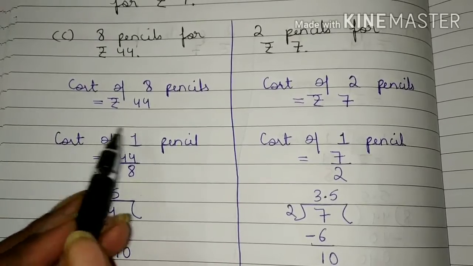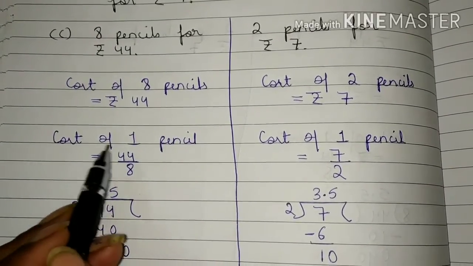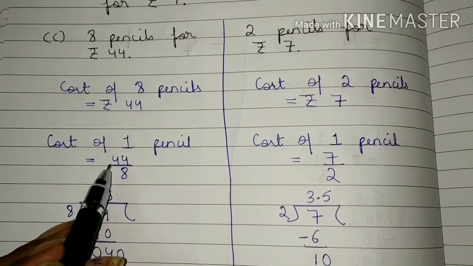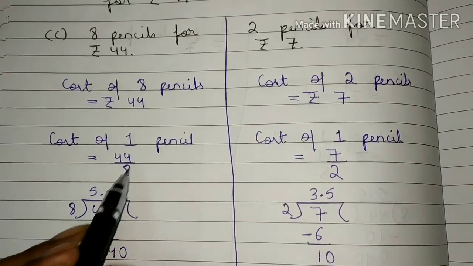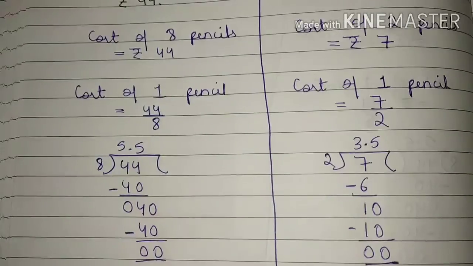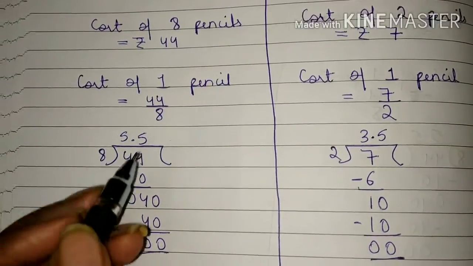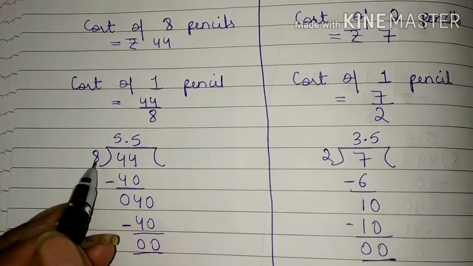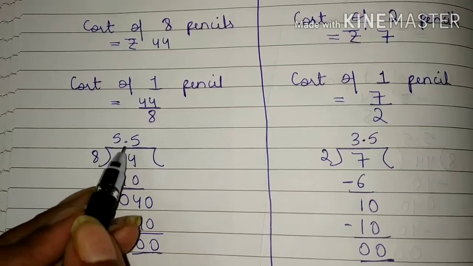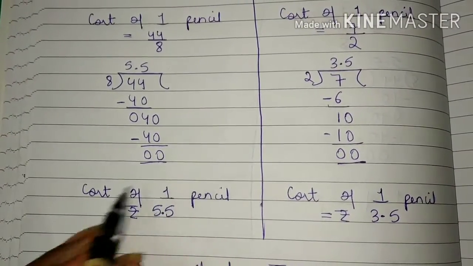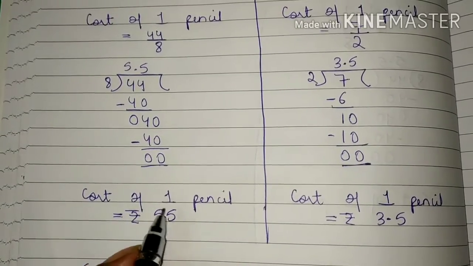So, cost of one pencil is 44 divided by 8. When you divide 44 by 8, you will get answer 5.5. So, cost of one pencil is rupees 5.5.